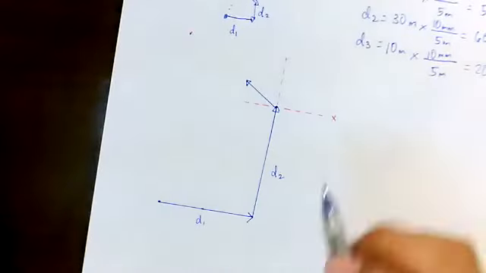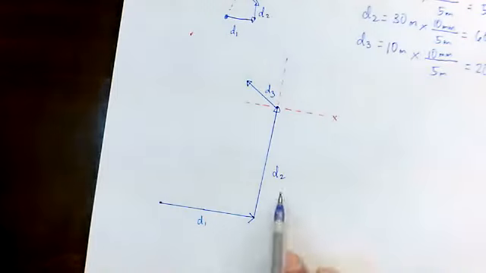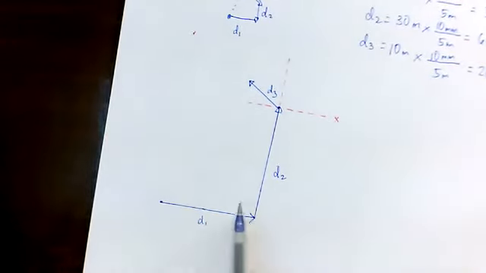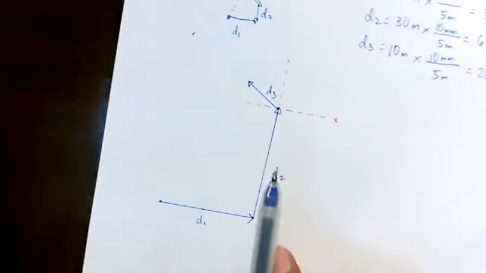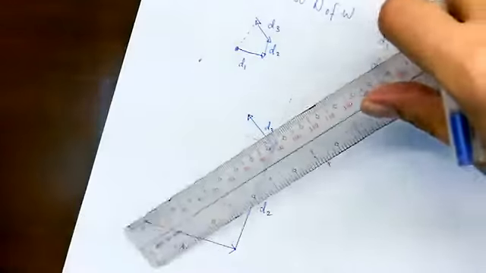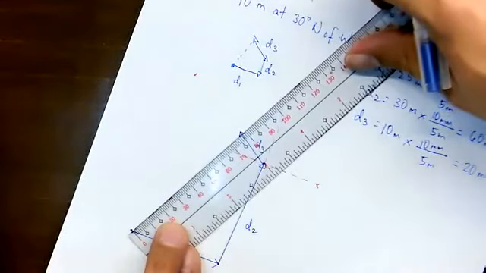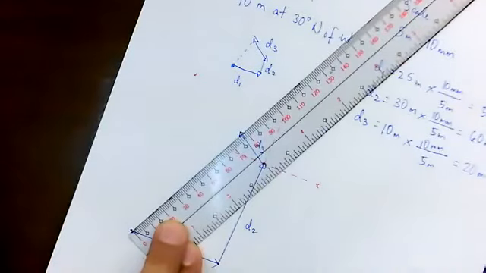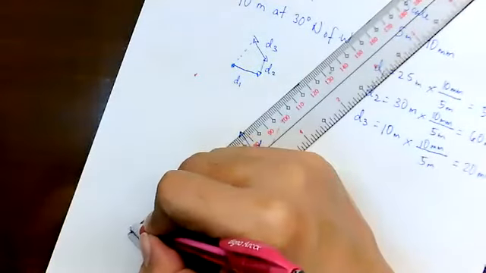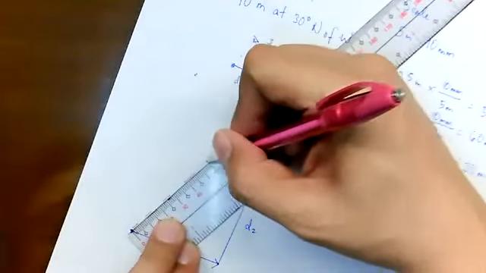Now we already have the three vectors represented, drawn to scale. The last step is to connect where you started to where you ended. So we connect this. You can choose a different colored pen. This is our resultant vector.